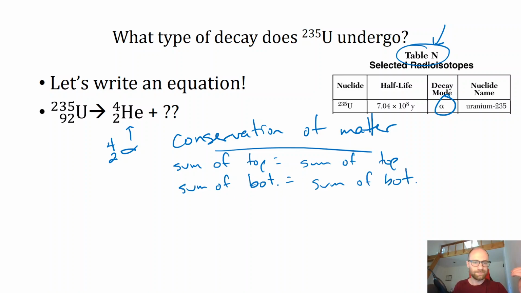Here's what I mean. In terms of the top numbers being mass, the total mass represented on the reactants is 235, and the alpha particle represents 4 of that, so the other particle has to have a mass of 231 atomic mass units.